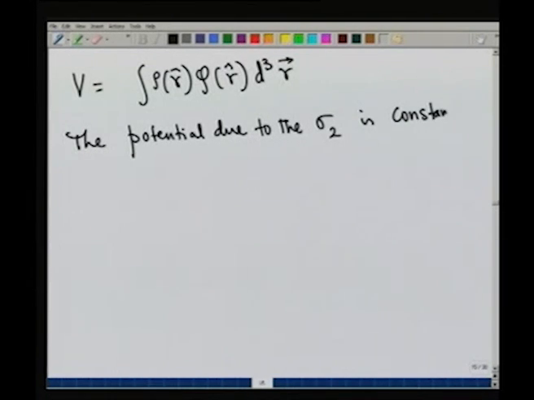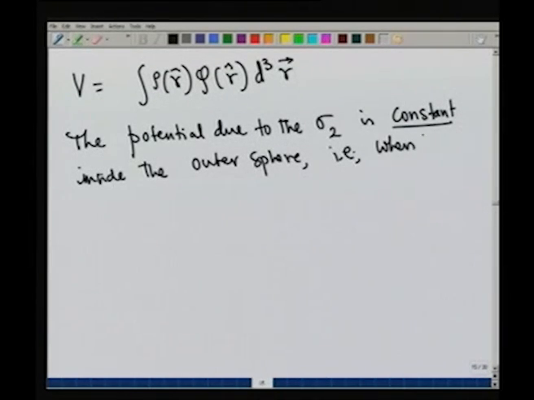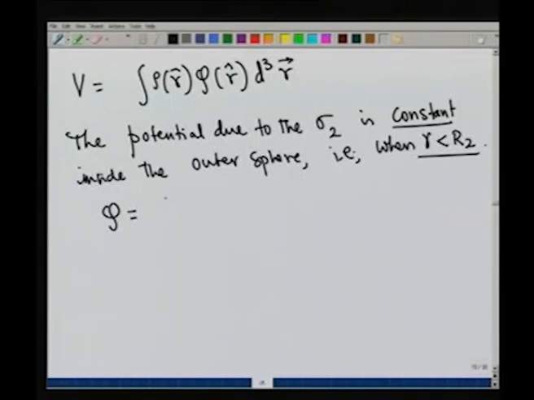That is the most important word, is constant inside the sphere, inside the outer sphere, that is when R is less than R2. Now we fixed our potential to be 0 at R equal to infinity. This has to be a constant, and by the continuity of the potential, we know that phi is nothing but 1 over 4 pi epsilon naught Q2 by R2.